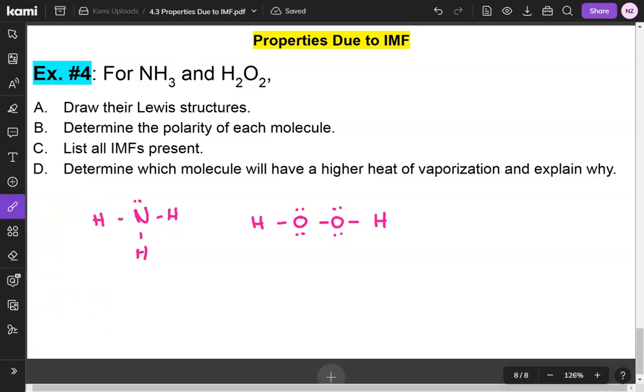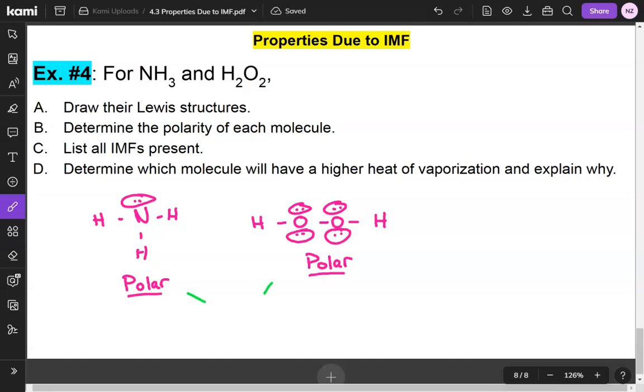All right. Both of these are going to be polar. The reason the first one's polar is because we have a lone pair of electrons on the central atom. The reason the second one is polar is because on our central atoms we have lone pairs. So both will be polar. So intermolecular forces that both will have are going to be LDF.